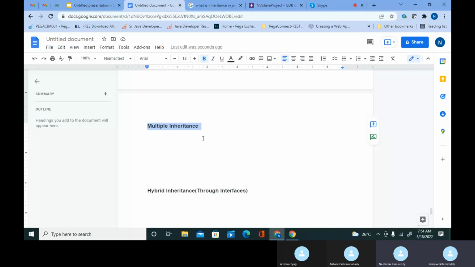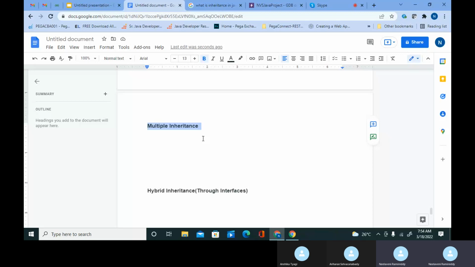And one more thing: what is the difference between multi-level inheritance and multiple inheritance? Hariharan, can you please let me know what is the difference?